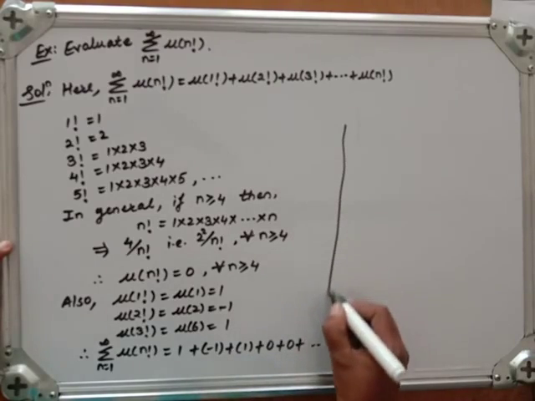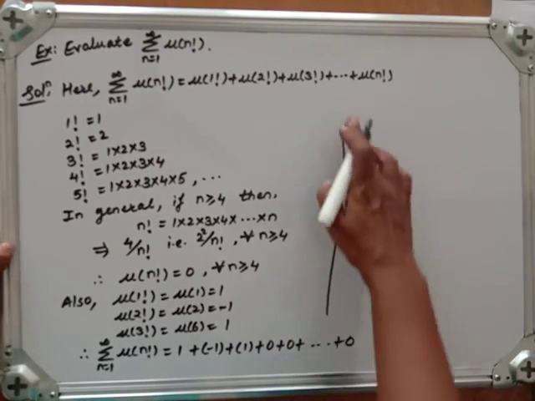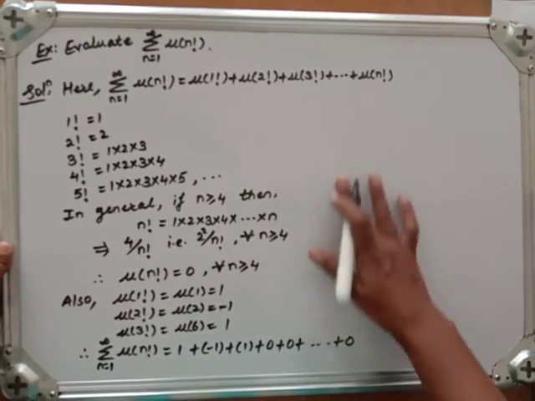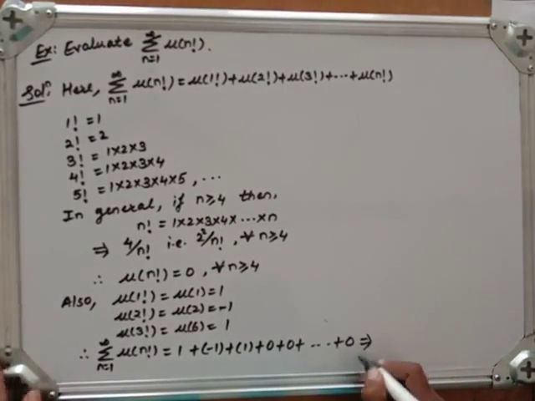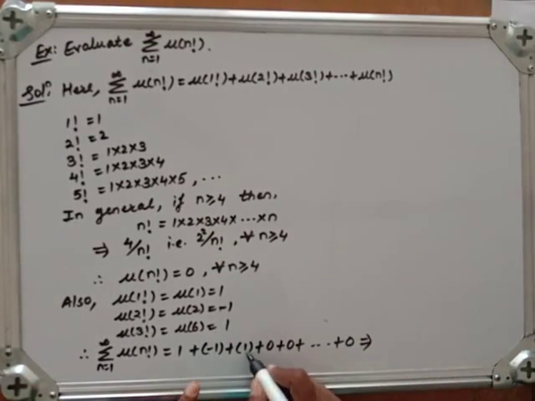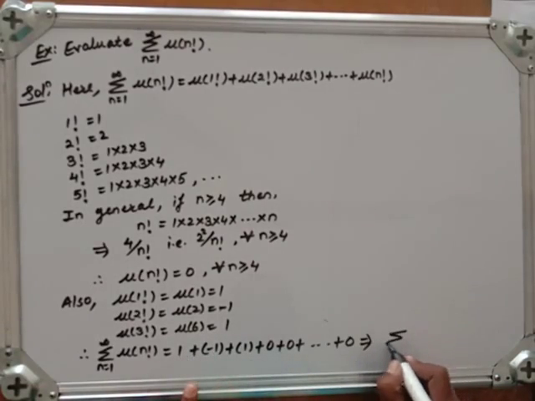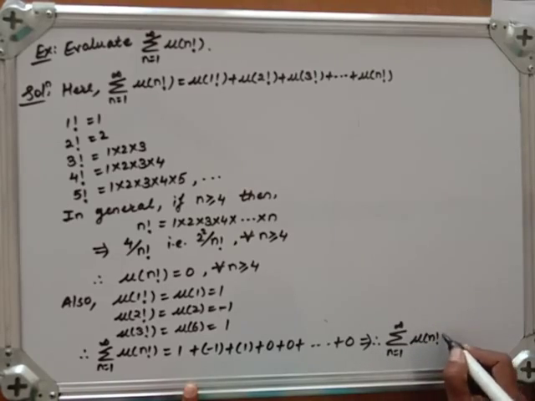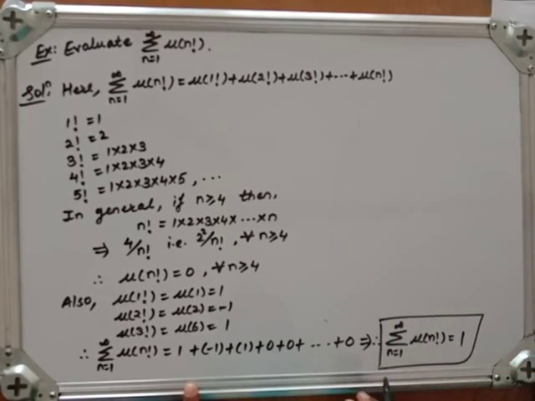So here what we get? Therefore, summation n from 1 to infinity of mu of n factorial is 1. This is about this example.